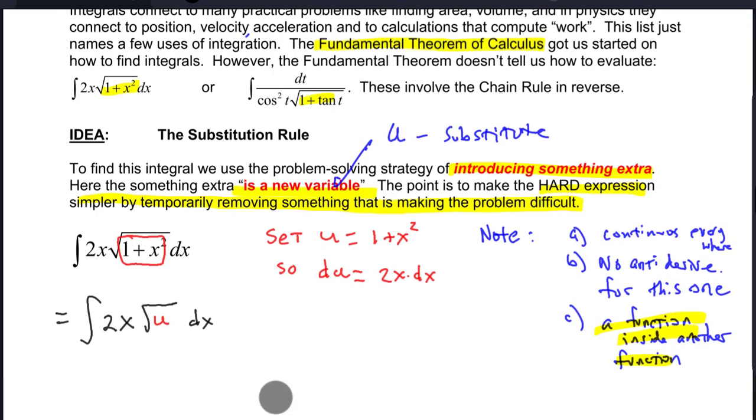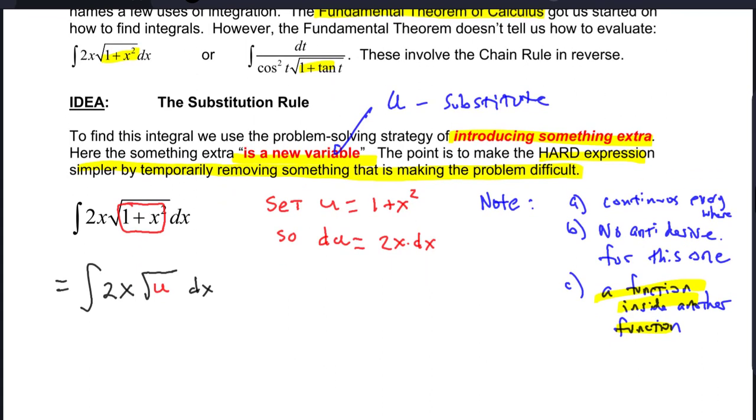Now I'm going to continue to simplify here, and I'm thinking, let's reorganize this. We're going to do the square root of u, and I'm changing my factors into different order, times 2x dx. Now here's my problem. If I want this integration to get done, I have to find a replacement for 2x dx. And that means I need to substitute in something to get rid of the x's and leave me only u's.